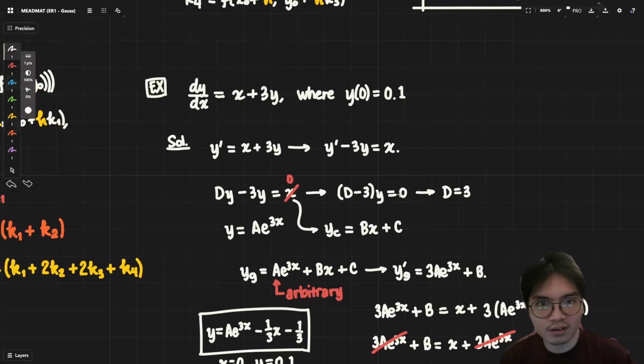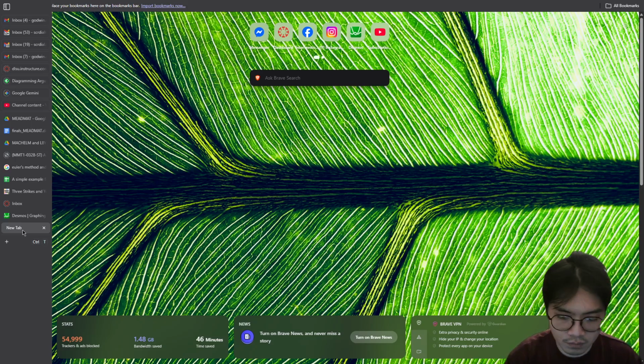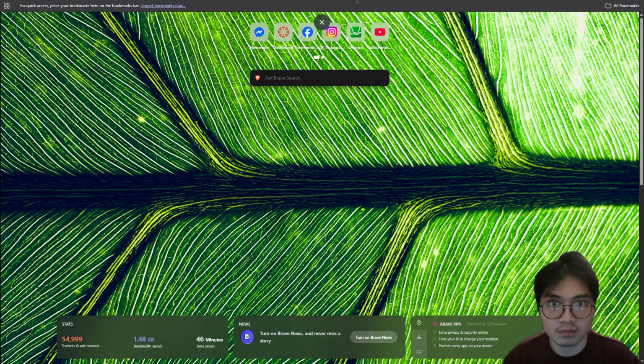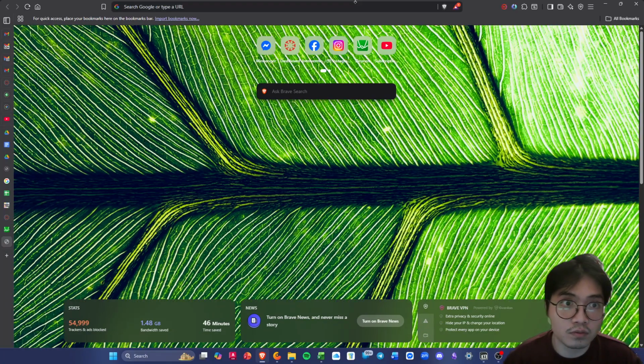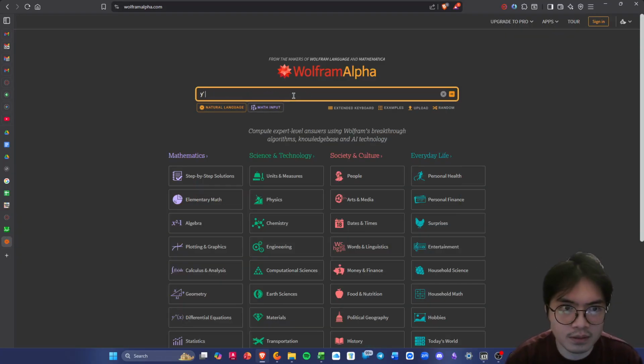Okay, you know what? I'm going to ask for the advice of Wolfram Alpha. Let's remove this. Wolfram. Yeah, y prime equal to x plus 3y, y of 0 is 0.1.